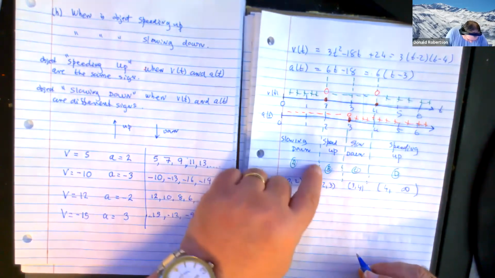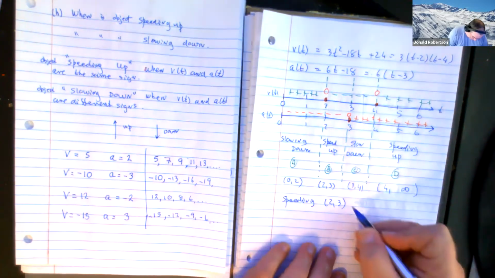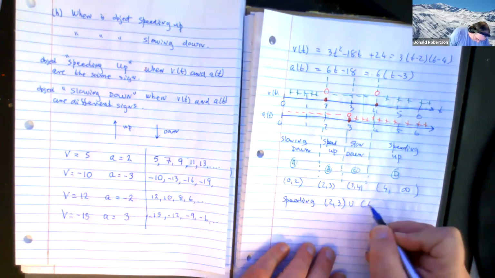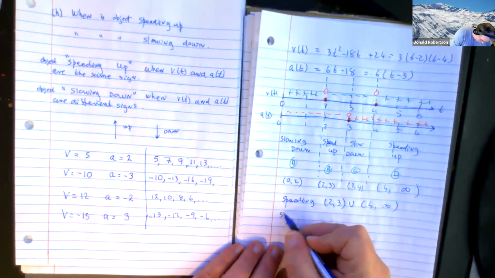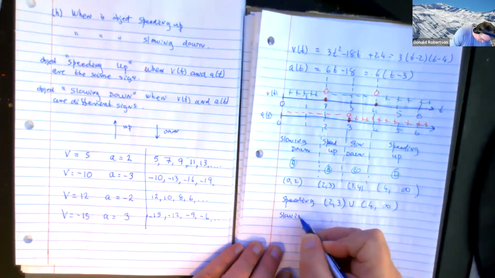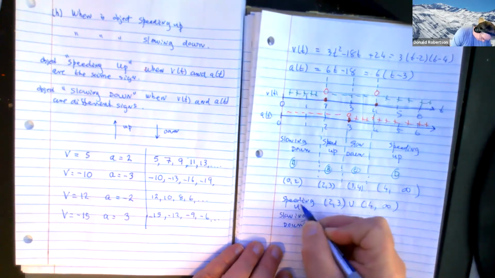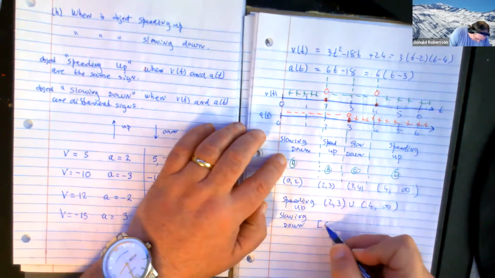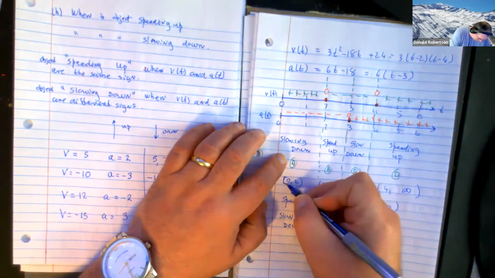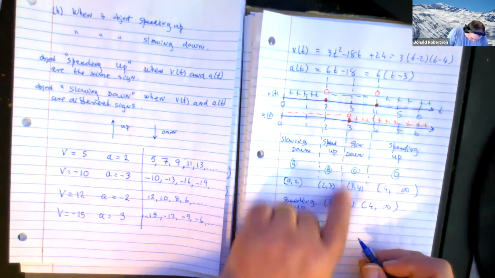It's speeding up during the 2 to 3 second mark, and then from 4 forever. And when is it slowing down? Well, it's slowing down from 0, I should put a square bracket on that, 0 to 2, and the other one, from 3 to 4.